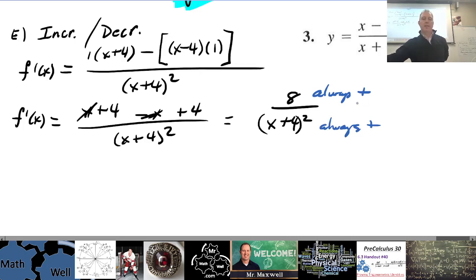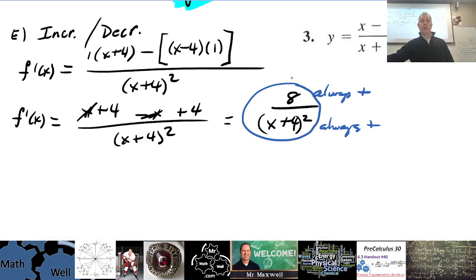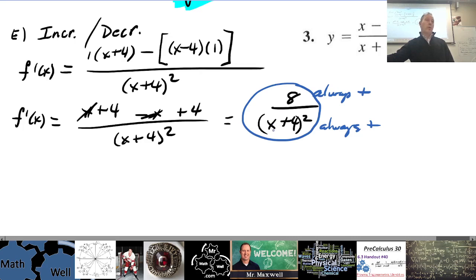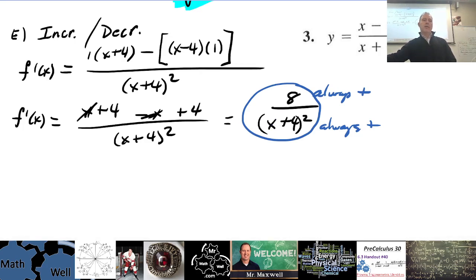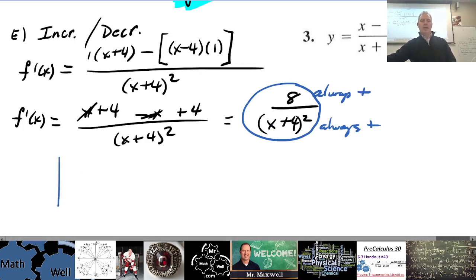You can identify that this is always positive. That means the function is always increasing. Now, not exactly at -4 because it's undefined, but it's increasing all the way up to -4 and all the way after -4. So once again, if you're saying, well, I don't know if I can figure out what's always positive or always negative, that's fine.